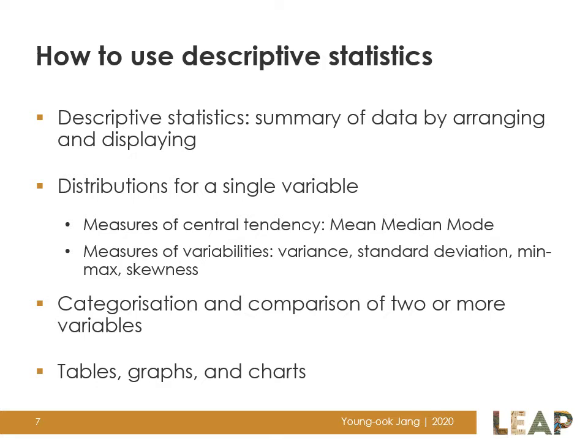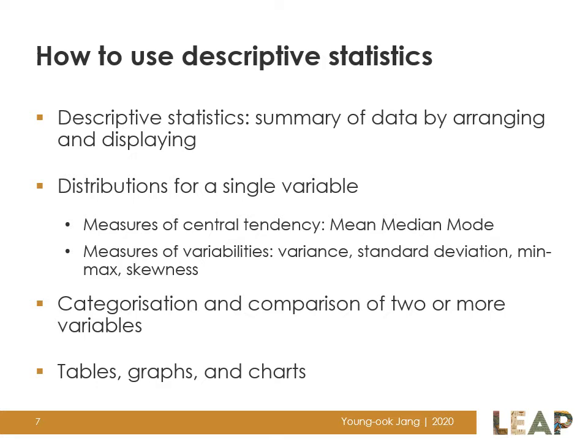So the first thing that you have to summarize is the distribution of a single variable. It's just the common average, mean, median, and mode, and also distribution like variance, standard deviation, minimum and maximum, and skewness or something like that. I'm going to explain it later in detail.